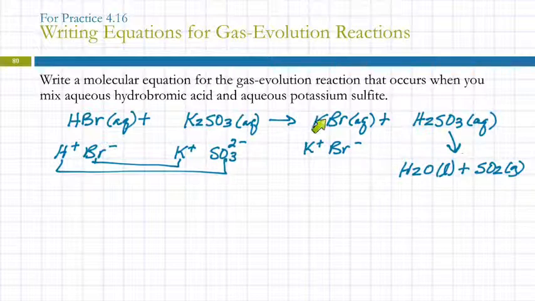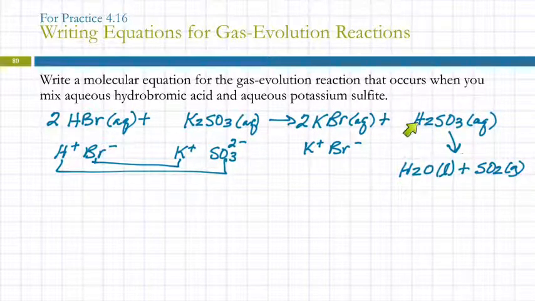I've got K2, and here I've got just K. So I need to put a 2 here. So my potassiums are good, but now I've got 2 bromines, and over here I only have 1 bromine. So I need to put a 2 over there. My SO3, until it decomposes, is staying together. I've got SO3 over here. I've got 2 hydrogens and 2 hydrogens. So this part up here is balanced now.